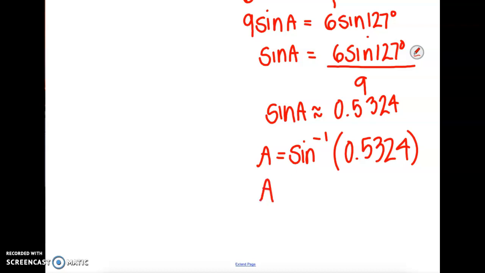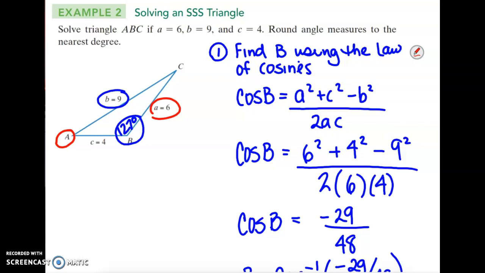And A is about 32 degrees. So if we go back to that previous slide, we've now found this angle of 32 degrees.